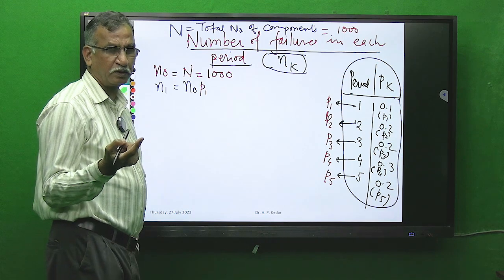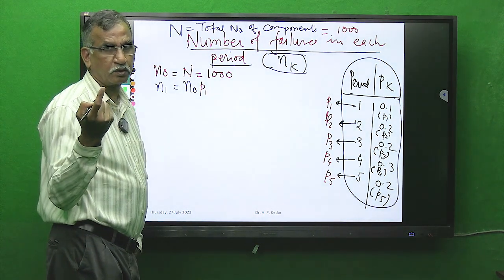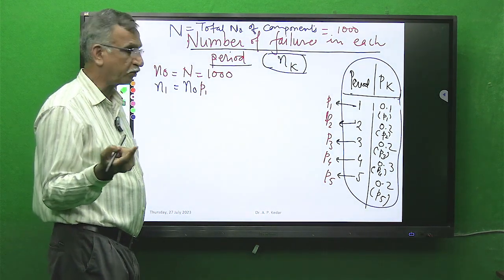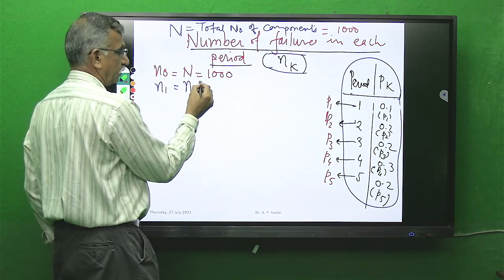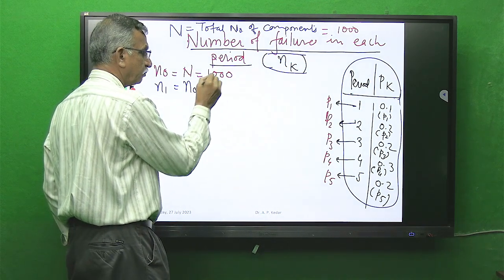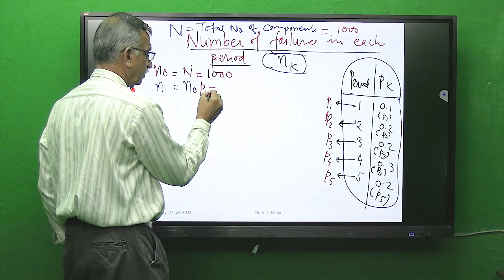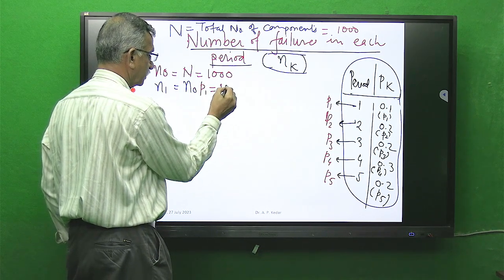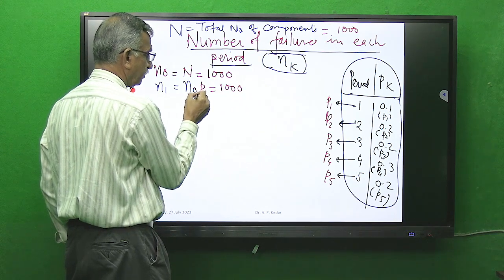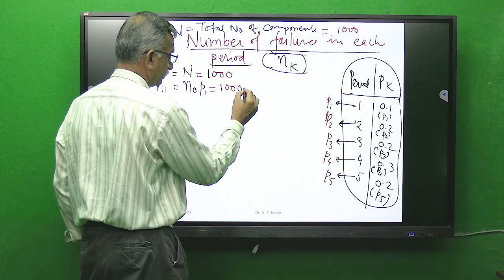Period may be week, period may be month, or whatever time unit given in the problem. I am saying period. If I am assuming 1000 components, so how I will analyze this? What is the total number? N0 1000. What is the P1 probability of failure? 0.1.